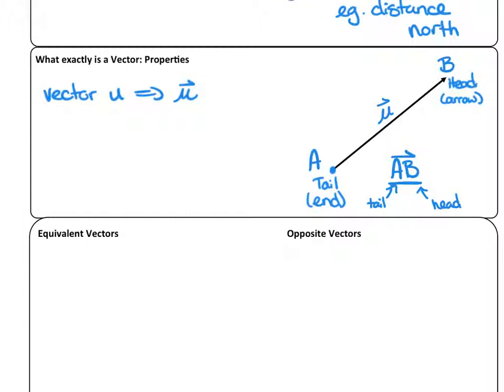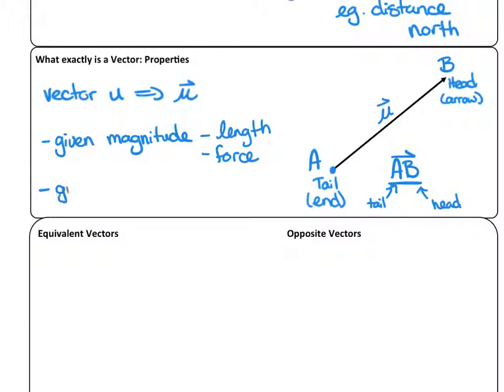The other thing, anytime you're given a vector, you're going to be given magnitude, which in most cases is length. In some physics stuff, it might be the amount of force that's on it, especially for physics type problems. And you're going to be given a direction.